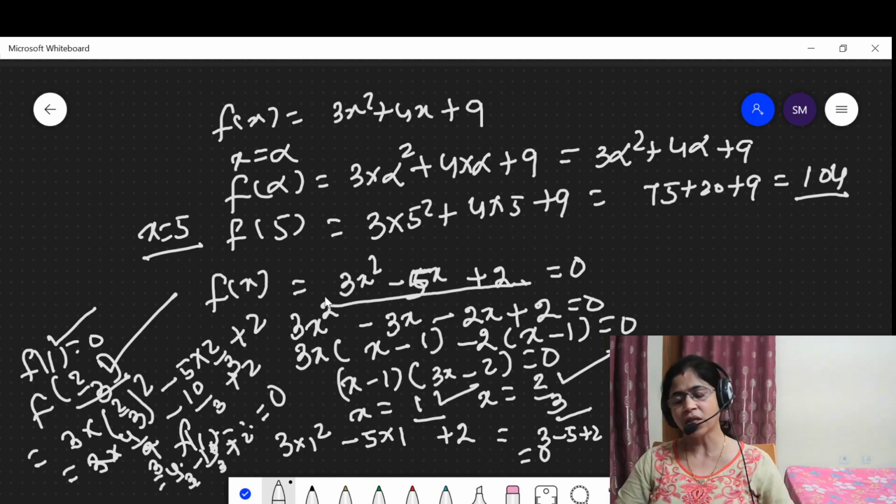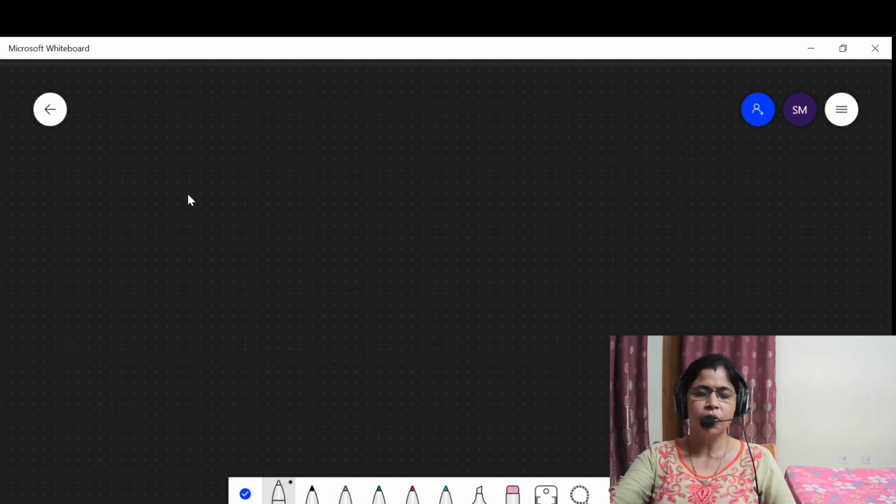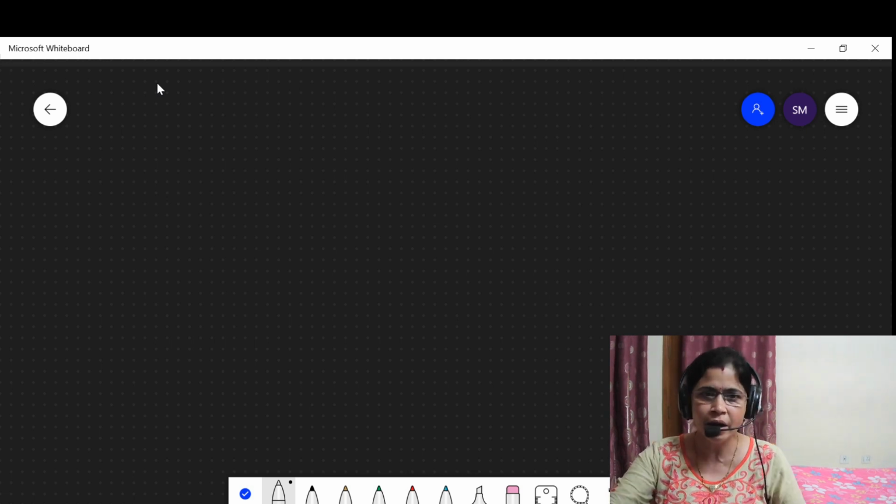Now let us discuss. We come to the conclusion that quadratic polynomials have two zeros. A quadratic polynomial is a polynomial where the degree of the variable is 2. In case of quadratic polynomials, we find there are two zeros. Now assume that the two zeros may be alpha and beta.